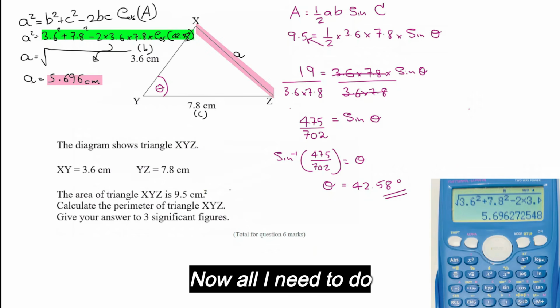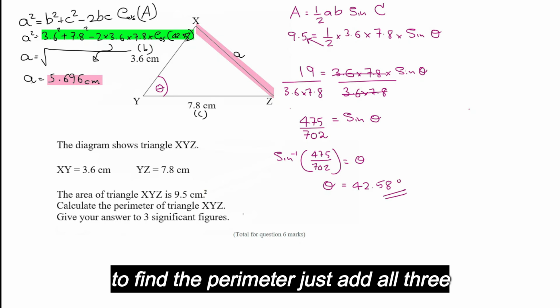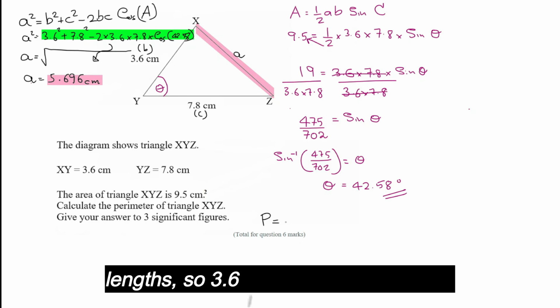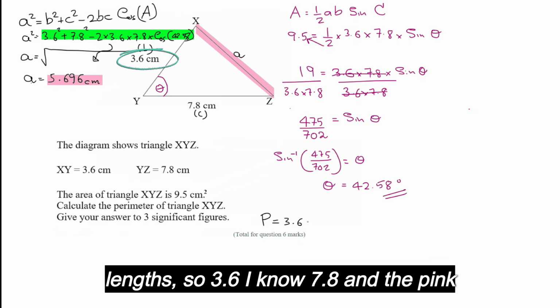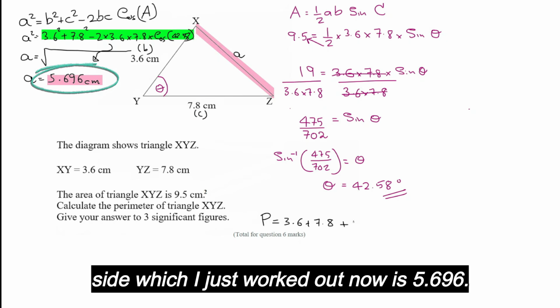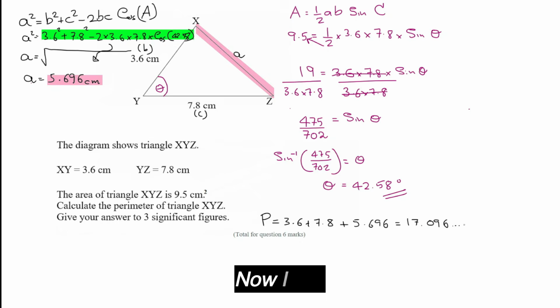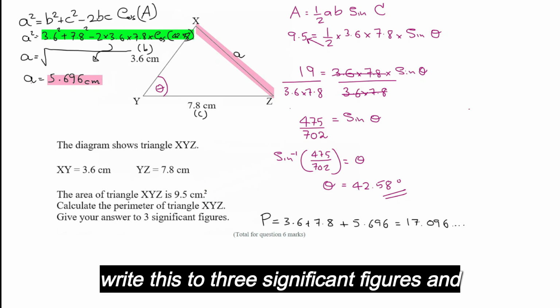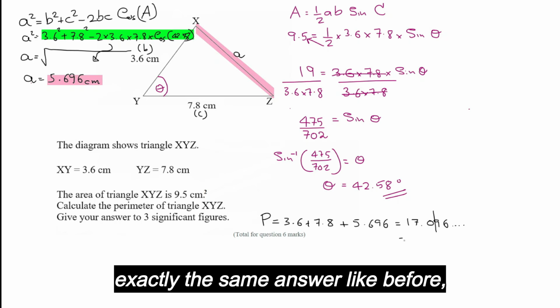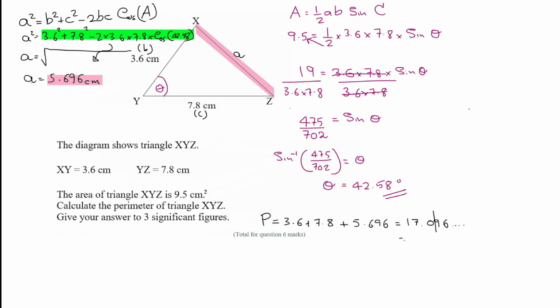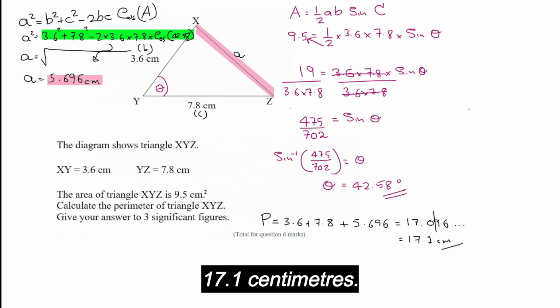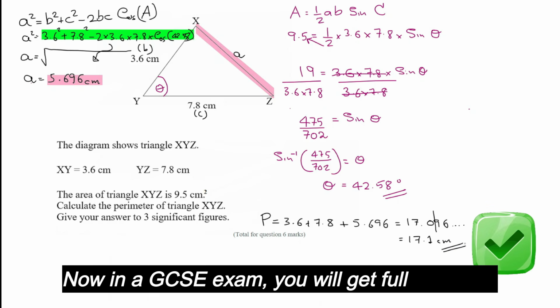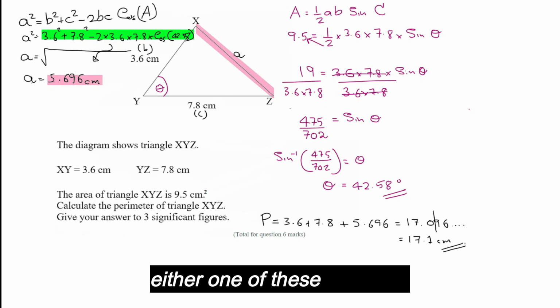Now all I need to do to find the perimeter is add all three lengths. So 3.6, 7.8, and the pink side, which I just worked out, 5.696. Now I can write this to 3 significant figures and get exactly the same answer as before, 17.1 centimeters.